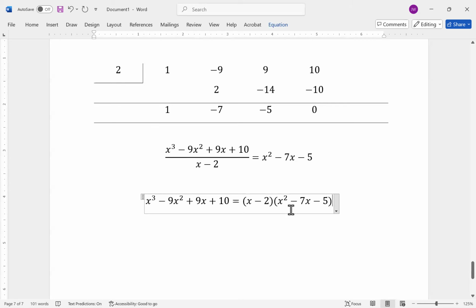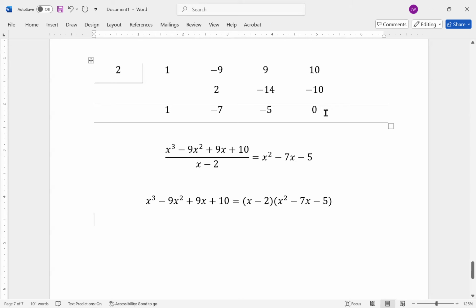So these two polynomials multiplied times each other give me back my dividend. So my divisor times my quotient gives me my dividend. And that's an interesting thing.